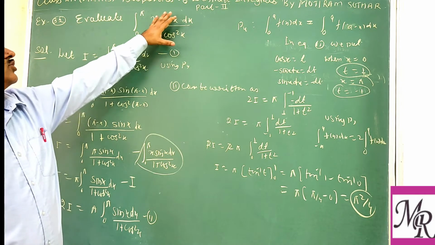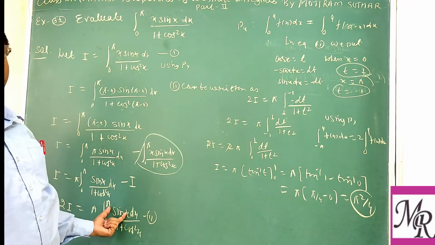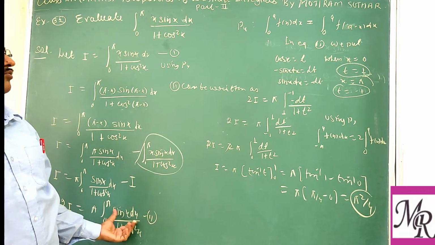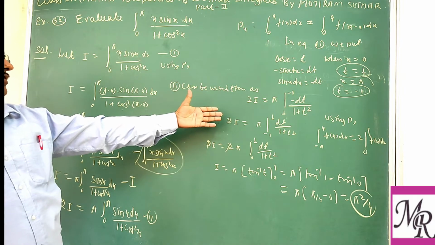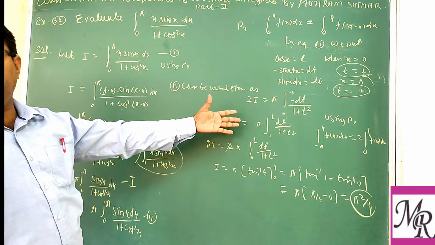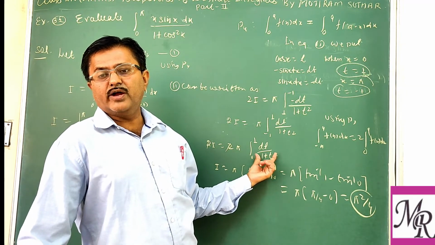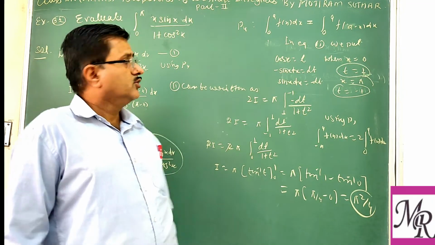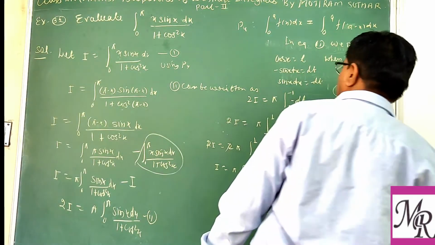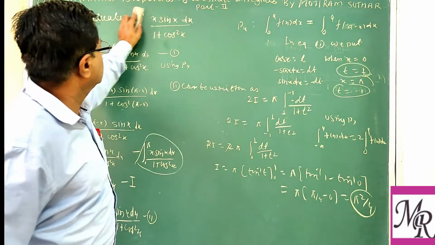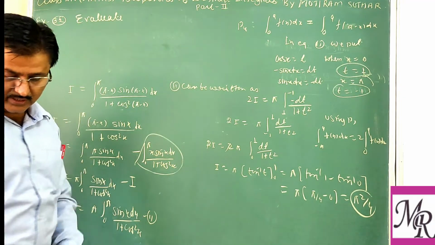First of all we remove the x, the algebraic function, and we get trigonometry. After trigonometry we use some other property to make the integral easy. So finally we get a very well-known form that is easily written. In this way you can solve the problem by using the simple properties of the integral.